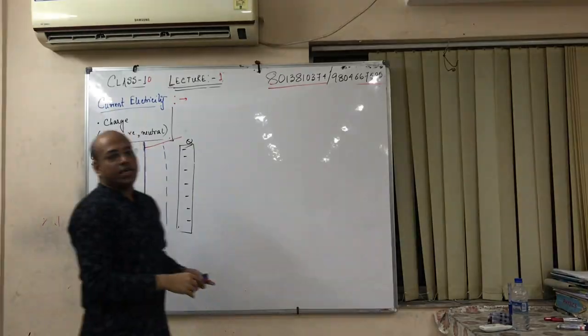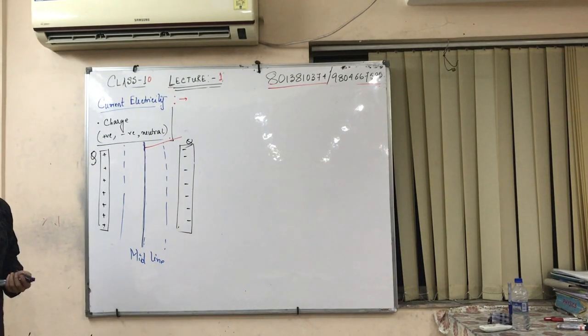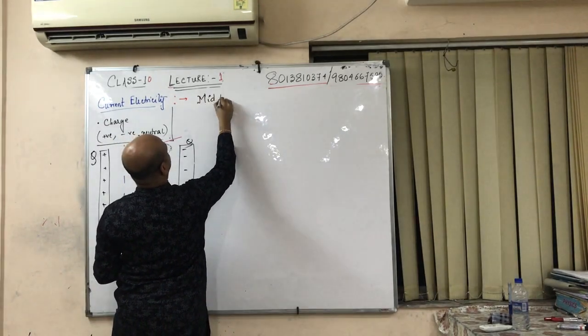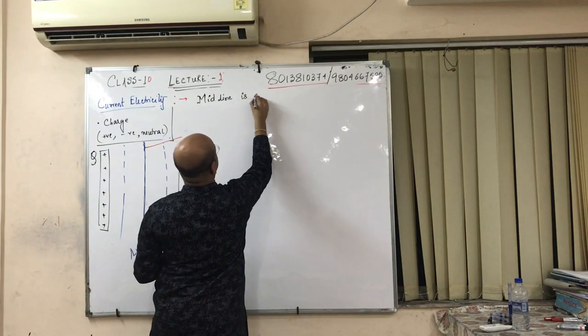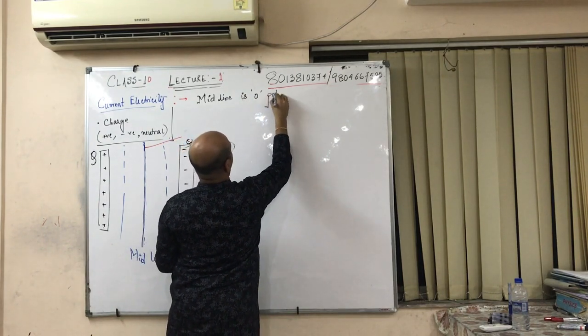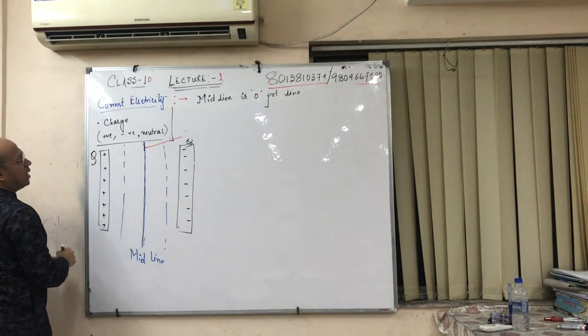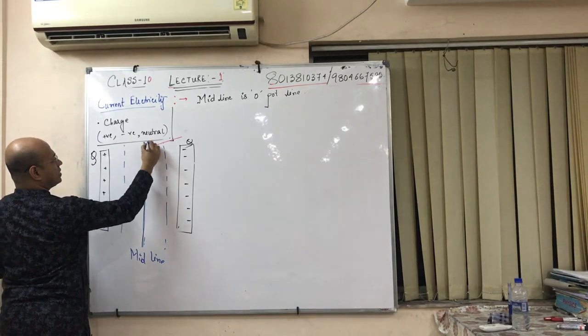So what we have seen is that this is a zero potential line. We are assuming the midline is the zero potential line. Let us name this line 0.